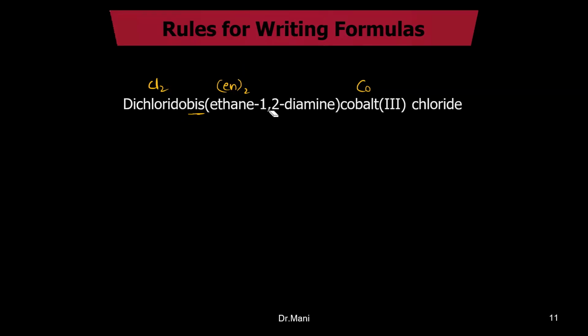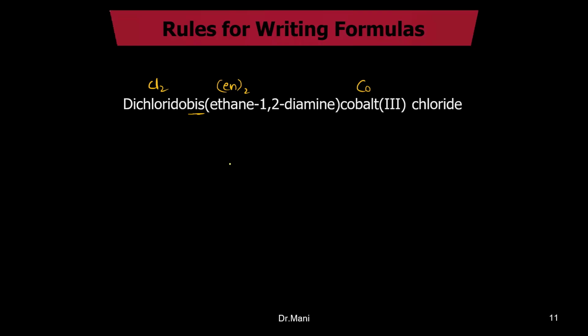So now tell me what is the alphabetical order? First, how should we write the naming? First, what will come in the coordination entity? Come on, guys, this should be practice. Tell me the answer. What will come first in the coordination entity?